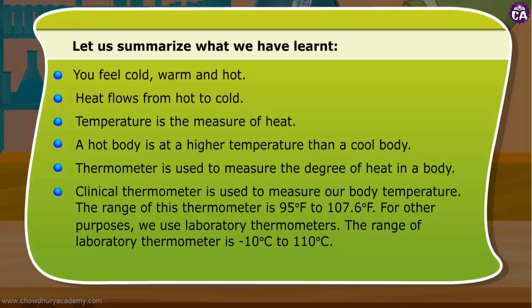The range of this thermometer is 95 degrees Fahrenheit to 107.6 degrees Fahrenheit. For other purposes, we use laboratory thermometers. The range of laboratory thermometer is -10 degrees Celsius to 110 degrees Celsius. The normal temperature of human body is 98.6 degrees Fahrenheit.